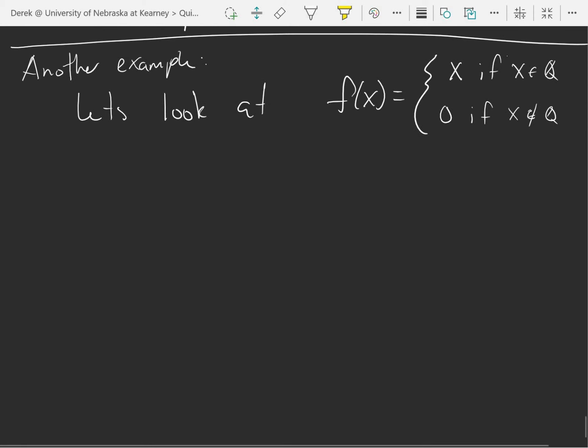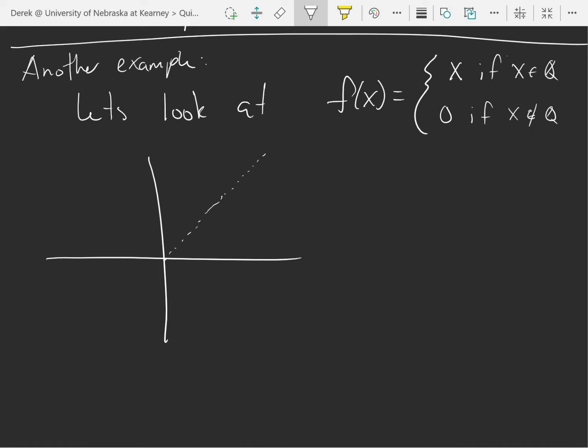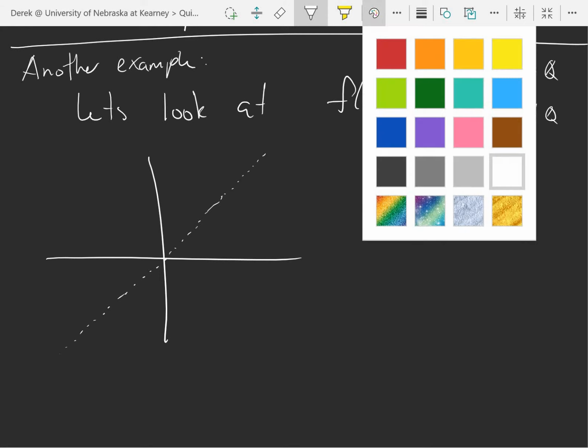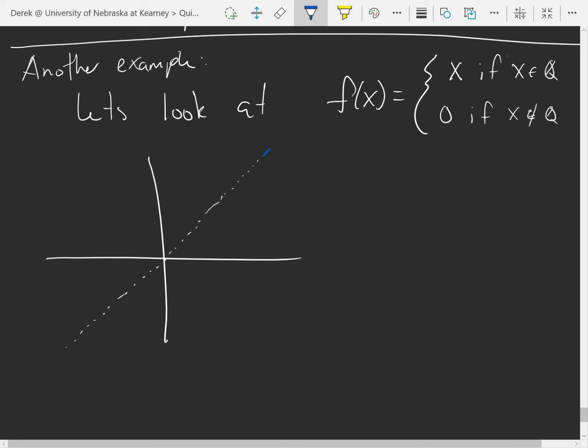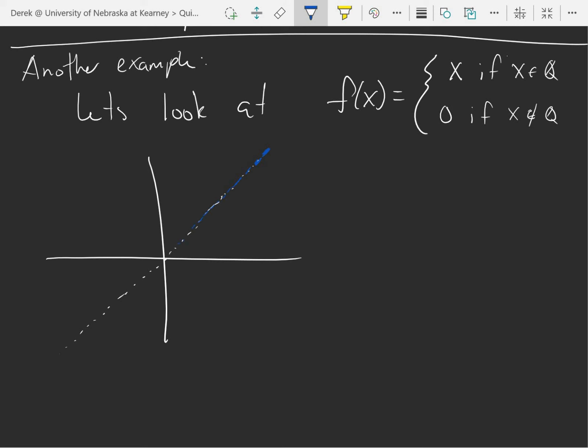Let's look at a graph of it real quick. If I have a rational number, it's going to be the x values. So I'm going to get this dotted y equals x line. But let's graph this in a different color so you can see it show up on the x-axis too. So I got this dotted diagonal line. This is for the rationals.